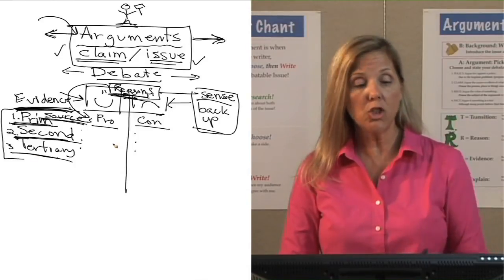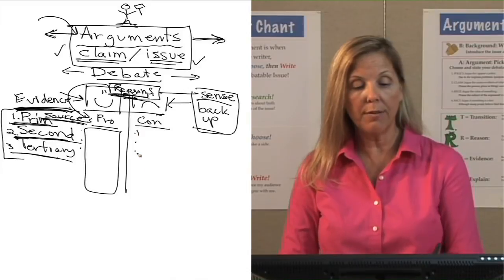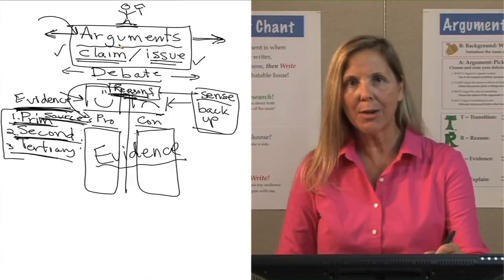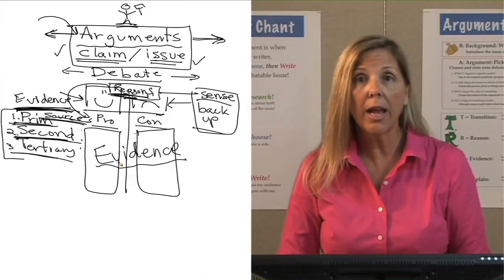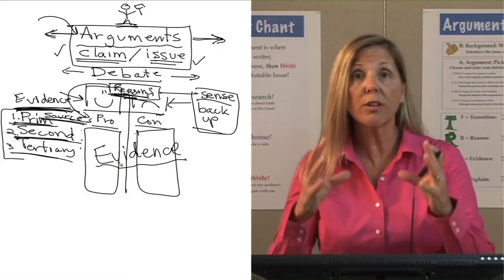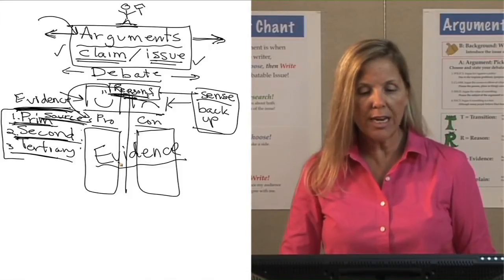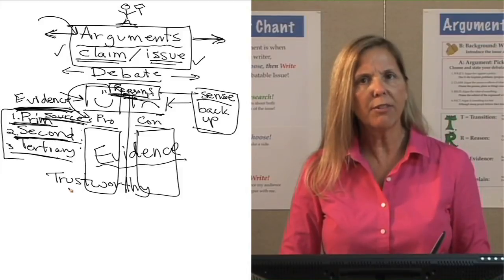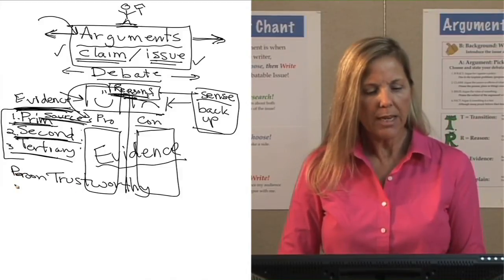You, the judge, are looking at all of this evidence that your lawyers are presenting for their reasons to back up their claim. You have to analyze this evidence. This is part of being the judge. So when you look at the evidence, what are you looking at? Who is the party from which you got this evidence? A person? Is this a group?